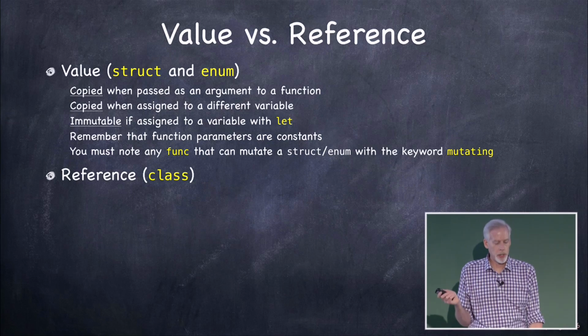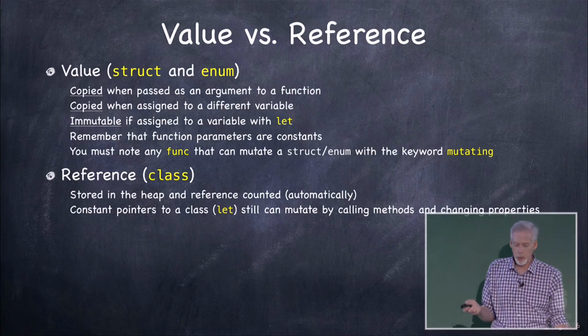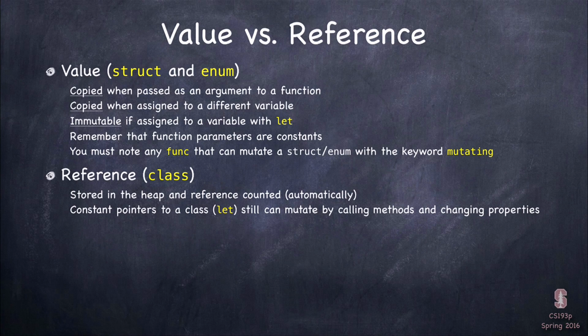Okay, reference types. This is what you're used to probably. Things are stored in the heap. You have a reference to them. Those references are counted automatically. That means there's no garbage collection in Swift. There's no mark and sweep in the heap. Every single time you create a new pointer to something in the heap, Swift keeps track of that, and it keeps incrementing a count. And when that count goes down to 0, because maybe the last pointer that's pointing to it goes out of scope, or maybe you assign that last pointer to point to something else, nothing points to it, it immediately removes that from the heap.